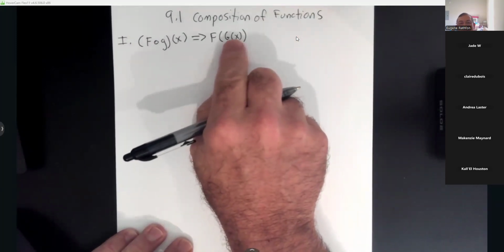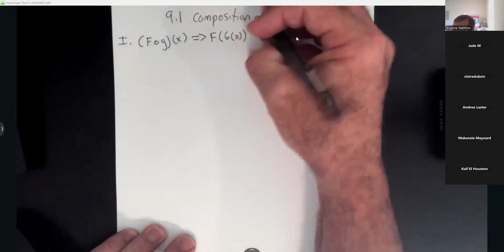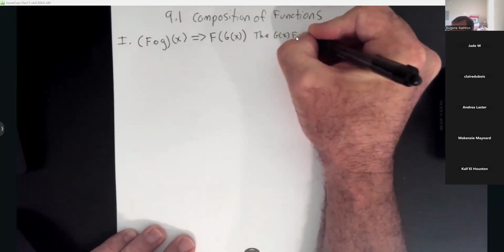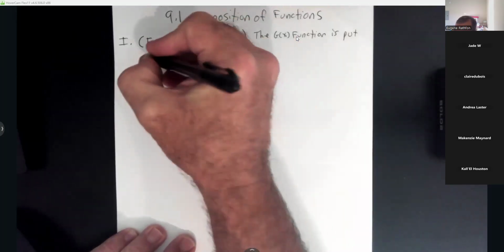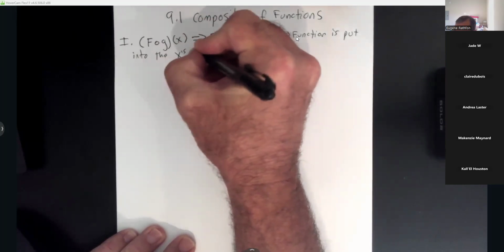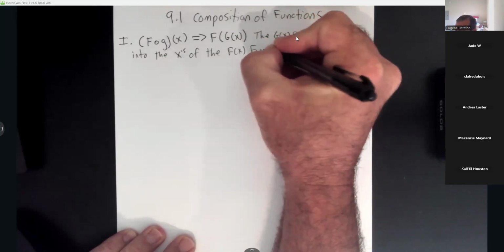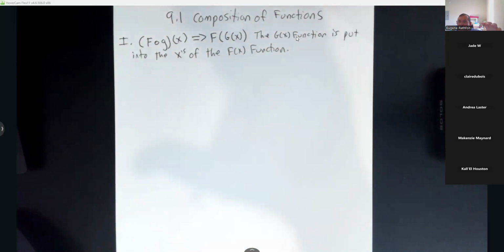So in this case, the g of x function is put into the x's of the f of x function. They'll give me an f of x and a g of x, and I'm going to take that g of x and replace the x with that entire function, okay?